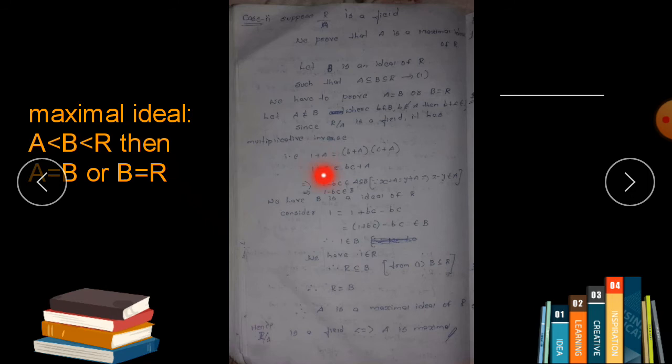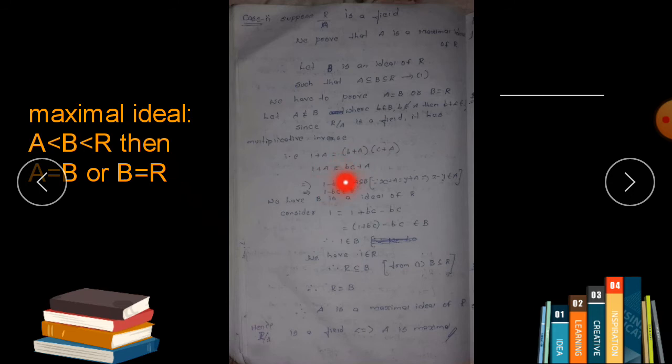That is, taking the identity inverse property, 1 + A = (b + A)(c + A), where c + A is the inverse of b + A.